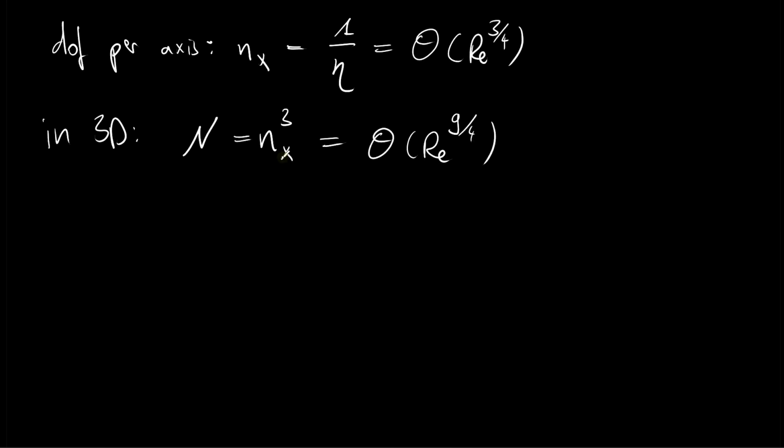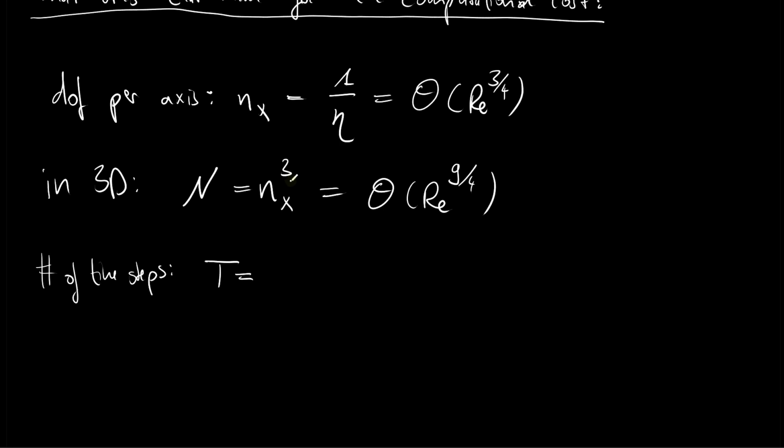And this is the next question: how many time steps do we need? So the number of time steps, and let's call this capital N. Here we are usually interested in accounting for a full cycle in turbulence, which would be going through all the scales that appear in those turbulent flows.